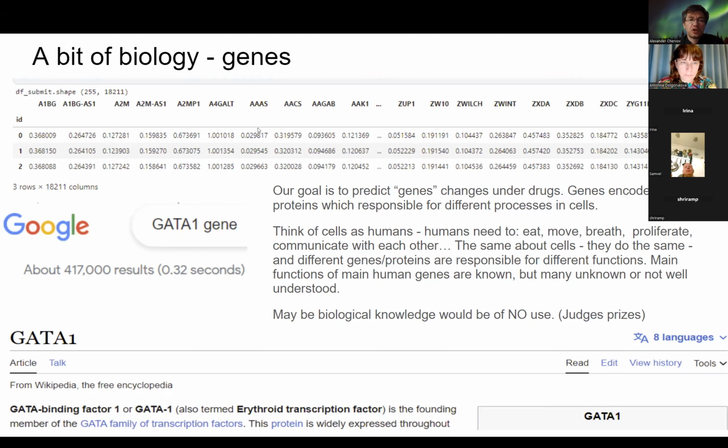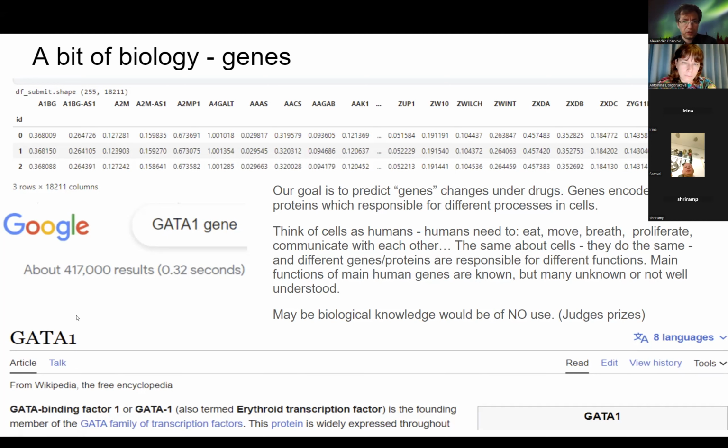Typically, we know a lot about many of these genes, maybe not all of them. And for many of the human genes, we have a particular page on Wikipedia. For example, the GATA1 gene is quite important, and there are maybe 10,000 or even more genes with separate pages on Wikipedia, with a lot of information.